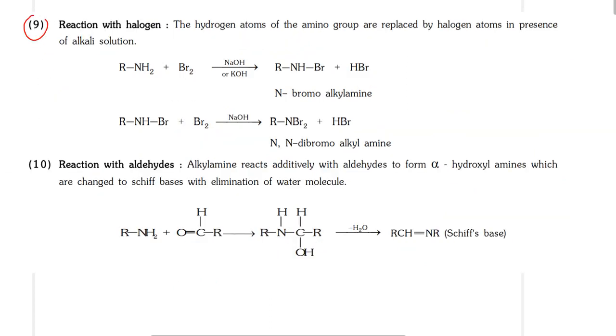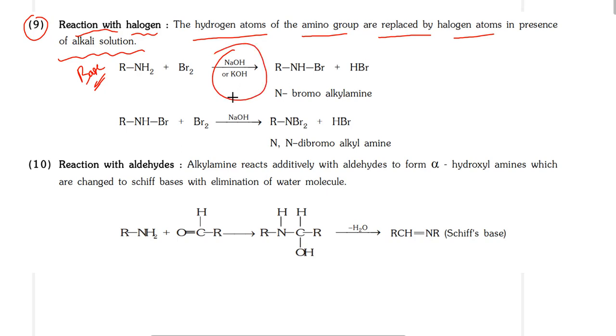Next, reaction with halogen. The hydrogen atoms of the amine group are replaced by halogen atoms in the presence of alkali solution, in the presence of base. Generally, a first group hydroxide we are taking.